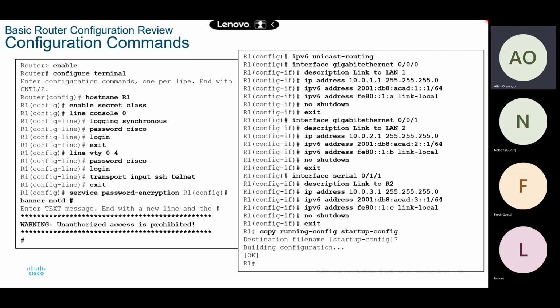Logging synchronous is normally used for those messages that keep on popping on your screen. Then you have password Cisco, and of course login, line VTY 0 4, password Cisco, transport input SSH, service password-encryption, banner MOTD.